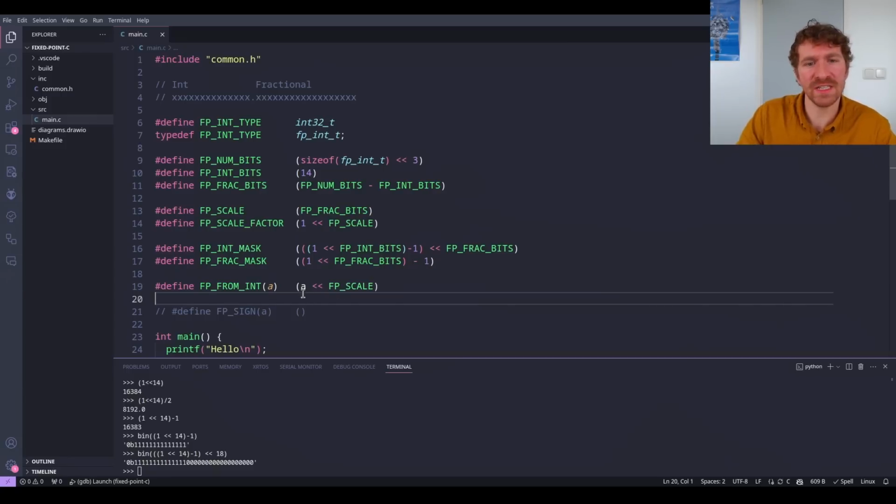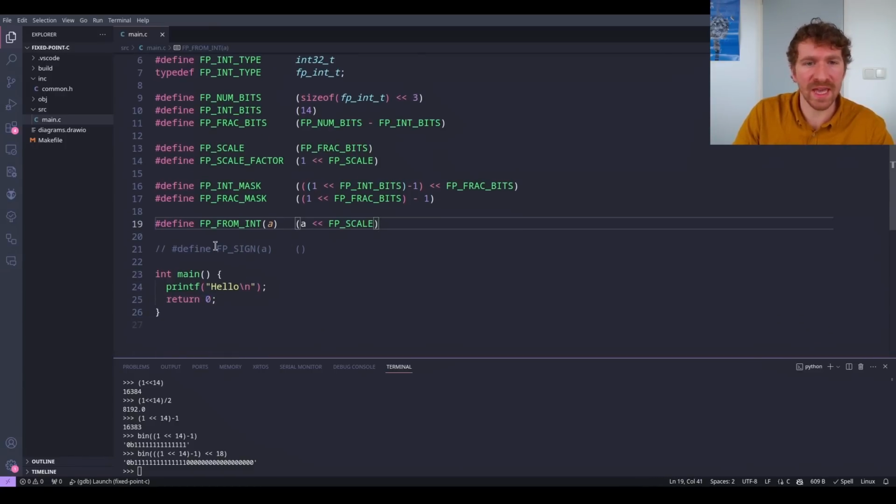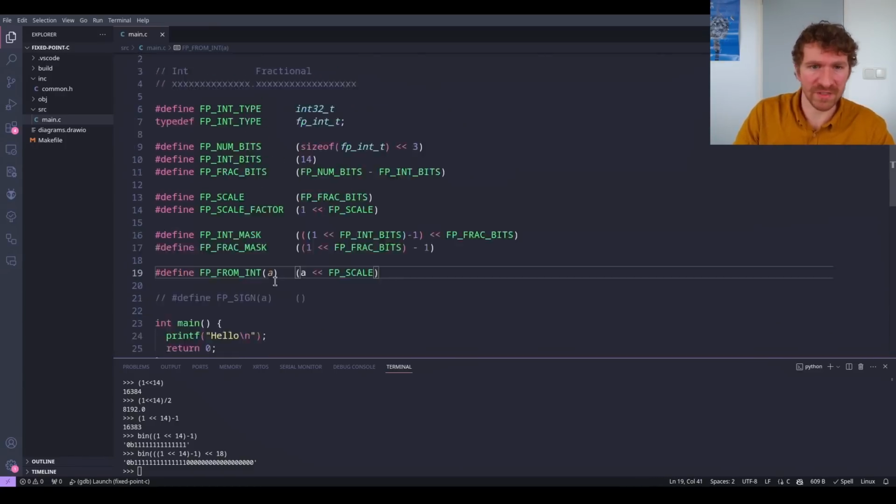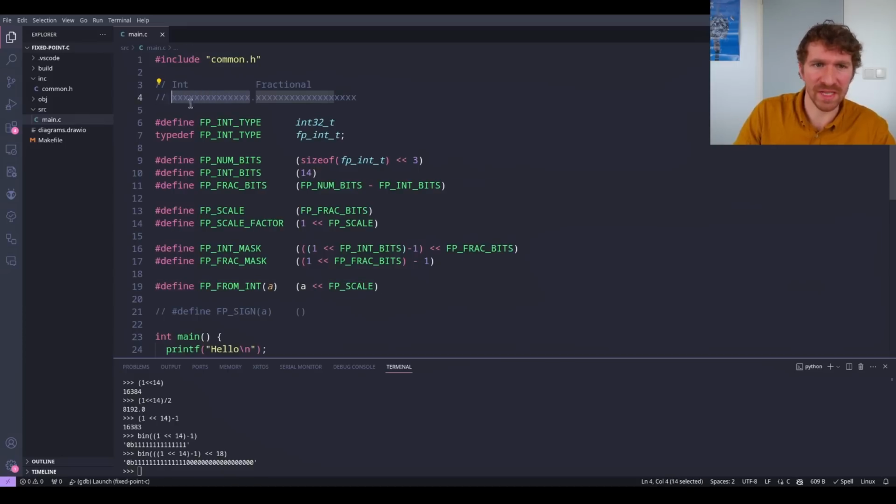We're basically scaling up our value a by the actual number of fractional bits that we have, which conceptually makes sense, right? We are just shifting everything up into that integer position. But you can also think of it as scaling the whole number up by a certain amount. This is basically a big multiplication. Okay, so this is how we can get a fixed point number from an integer. This makes sense. We're just putting a number here.